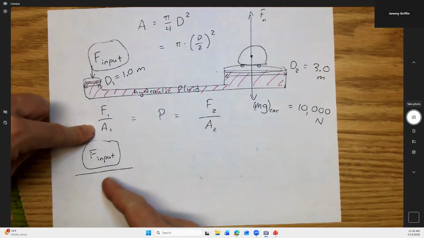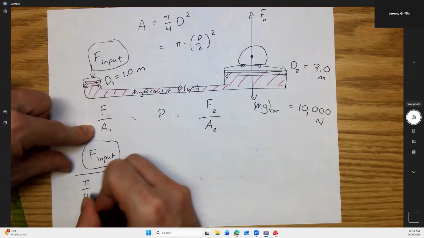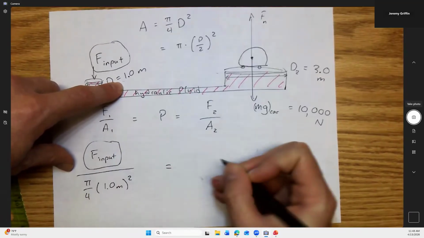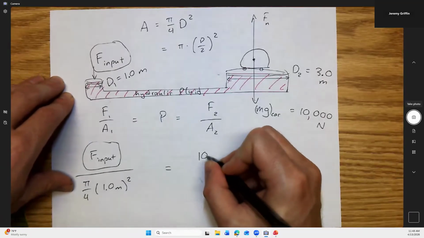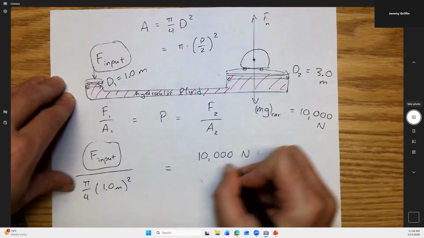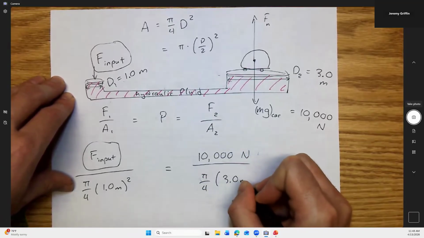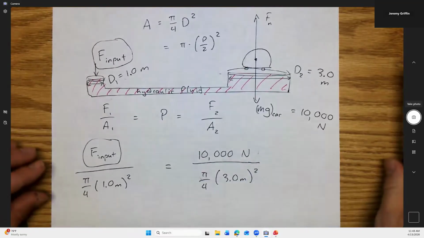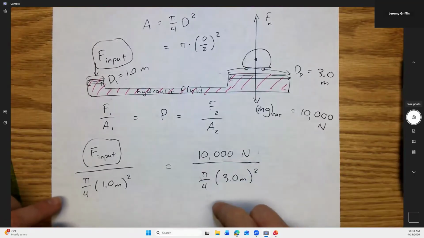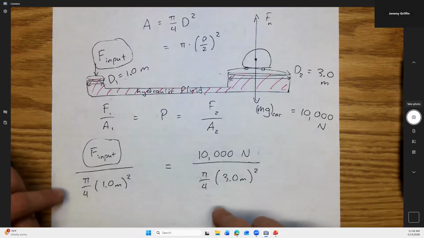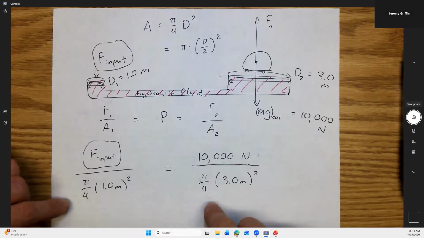The cross-sectional area on the left I'm going to list as pi over 4 times the diameter of 1 meter, squared. On the right side, I have 10,000 newtons of force acting on pi over 4 times 3 meters, squared. I left the pi over 4 in the equation and didn't solve for the actual areas numerically because there's something else I want you to see.